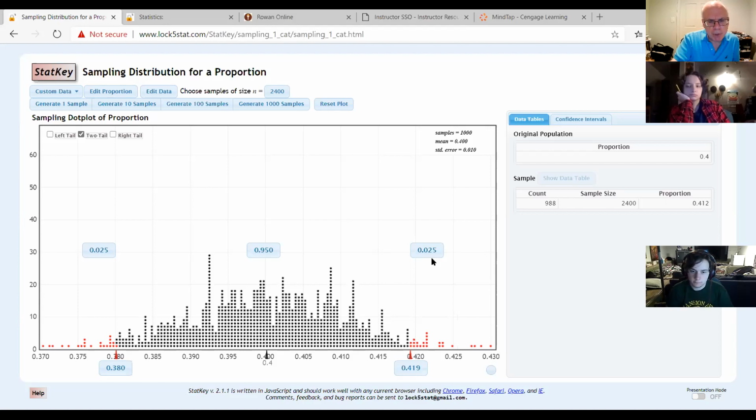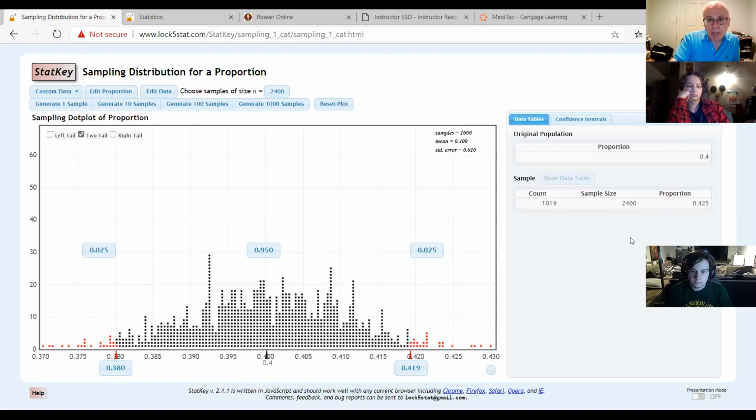I meant 2.5%. 2.5% to the right, that's 25 dots. 2.5% on the left, that's 25 dots. All right? That makes up 100% here, right? 2.5 plus 95 plus 2.5 is 100%. And in the middle here, where that arrow is, that's 0.4, that's your mean.